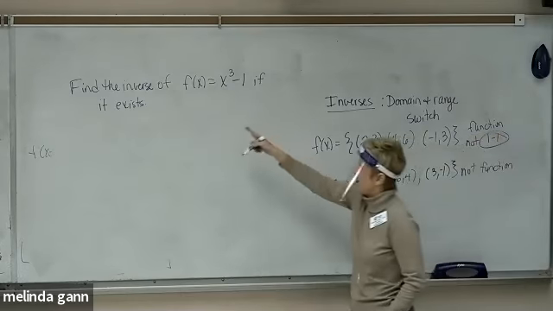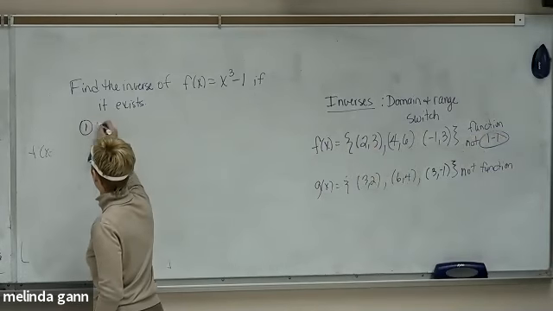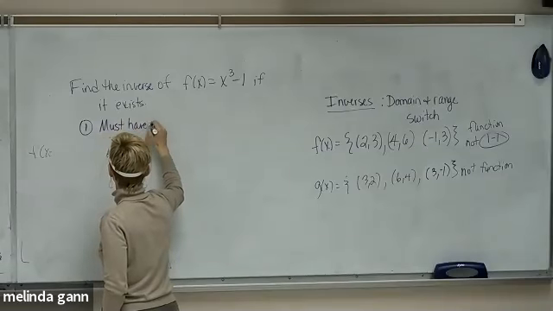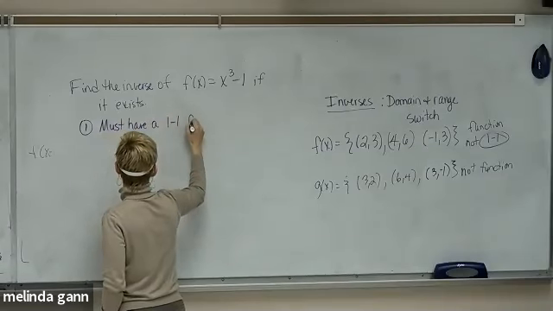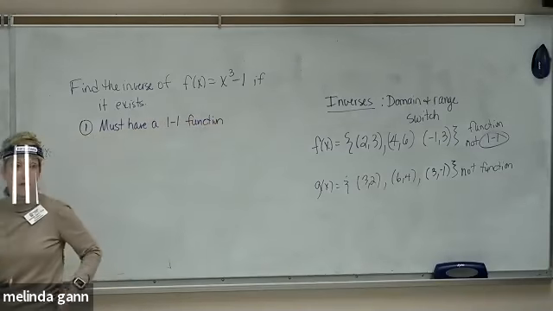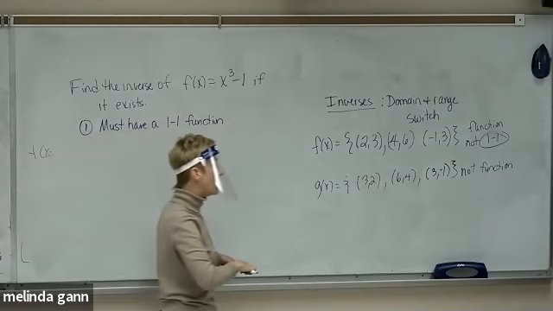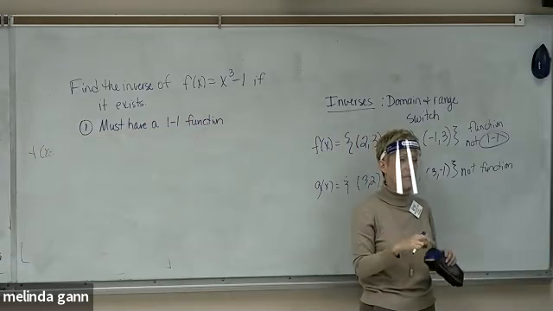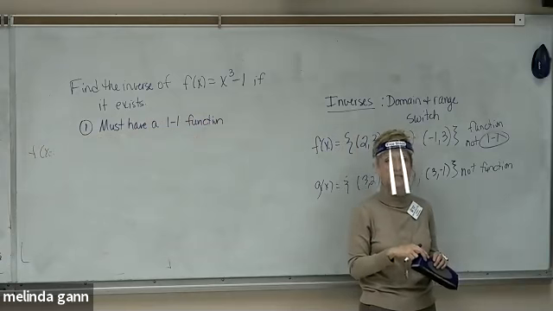So if I tell you to find the inverse, your first step is you must have a one-to-one function. Because if the function's not one-to-one, when you do the inverse of it, it's not a function. It can't be an inverse function if it's not a function.